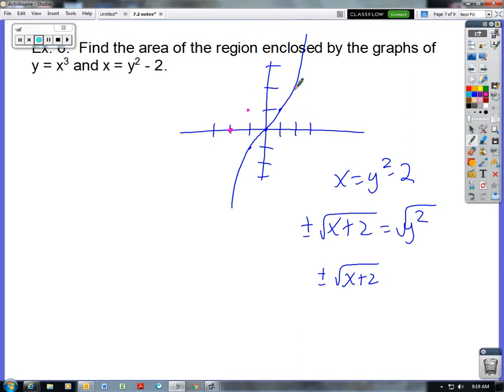But they don't really cross there because 2, 8 is way up there, so they don't intersect there. And then the negative one is going to be the reflection of this one. So that reddish colored curve is the x equals y squared minus 2.